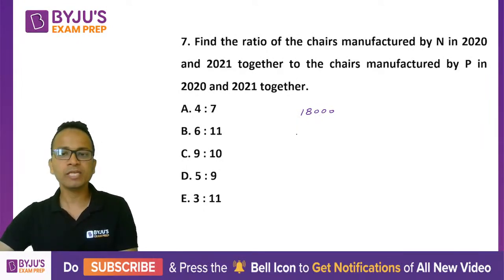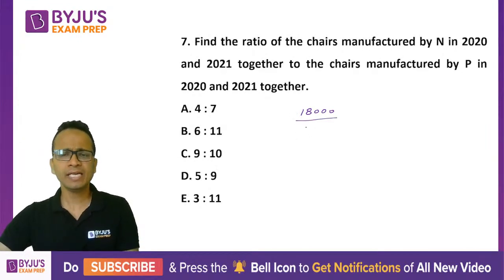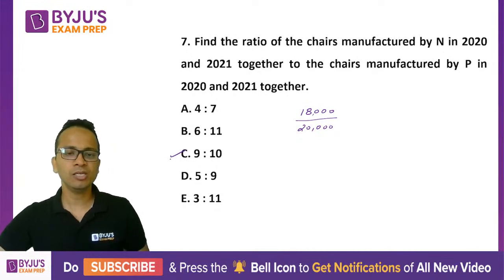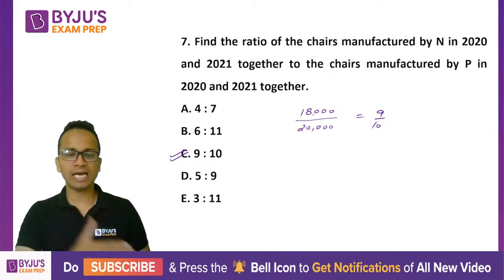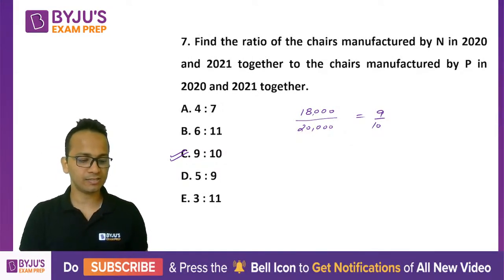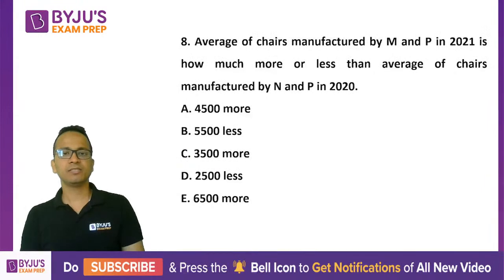So P in both the years is 8,000 plus 12,000, it is 20,000. Okay, so 18,000 and 20,000, the ratio will be 9:10. You can cancel out 2,000 and C is the correct answer. Absolutely. Okay. Question number 8. Next one.